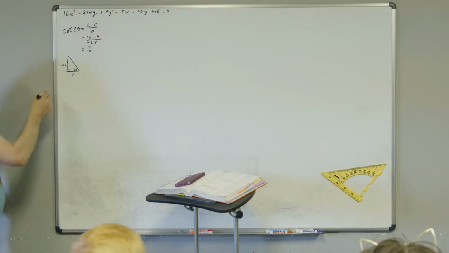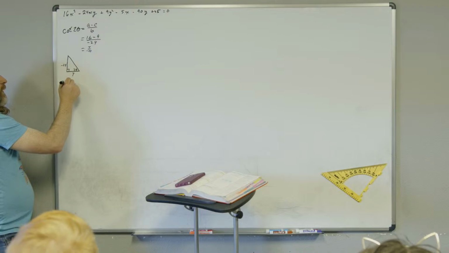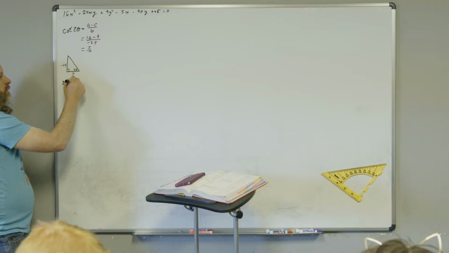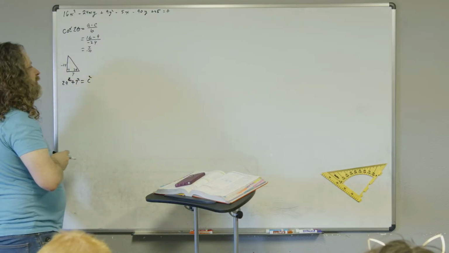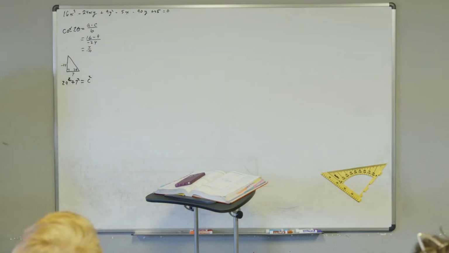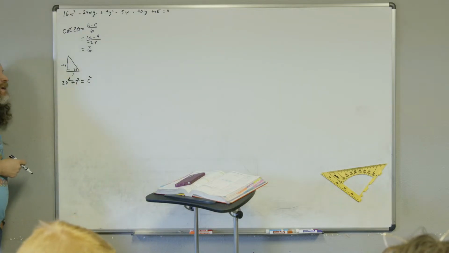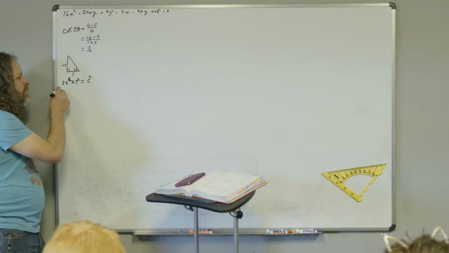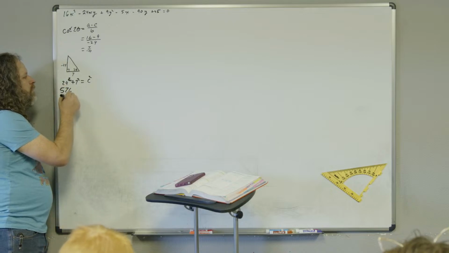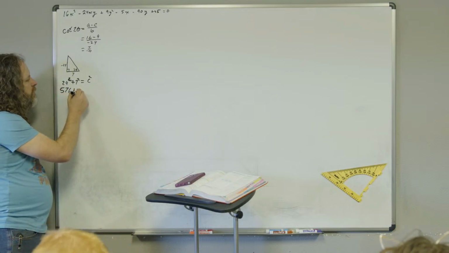And then 24 squared plus 7 squared equals, negative 24. Yeah, but what's negative 24 squared? Positive something, so who cares? Okay, fine, put the negative in there. What's 24 squared? 576. 7 squared is 49.